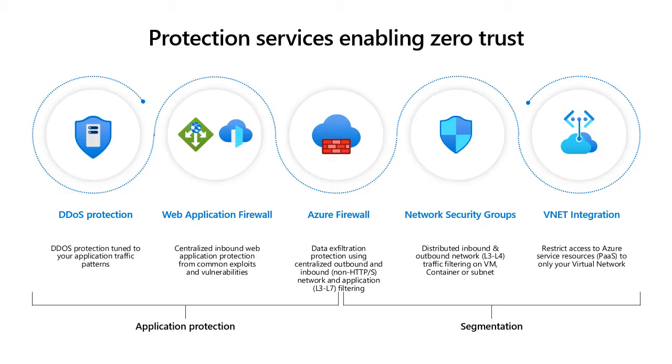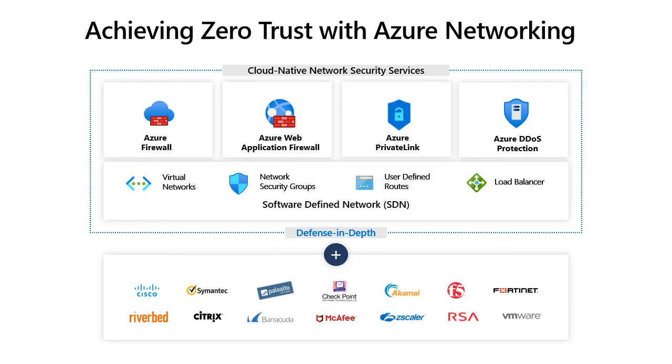So protection services enabling zero trust include the things that I just mentioned. So we provide cloud scale DDoS protection tuned to your application traffic patterns, web application firewalls, an Azure firewall, the ability for you to segment your network across different network security groups and also different VNets.